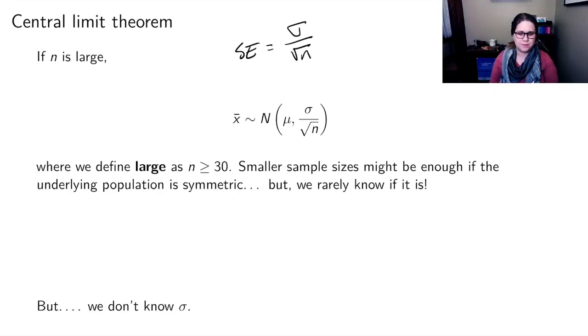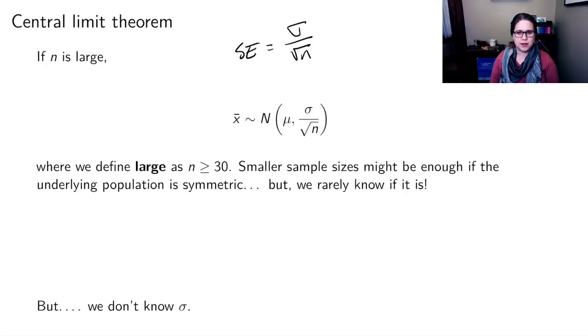But essentially, you're just going to believe me that the standard error for a single mean is sigma over the square root of n. So again, I'm going to be able to say that if n is large, then x bar, the sample mean, follows a normal distribution centered at mu with standard error sigma over the square root of n.